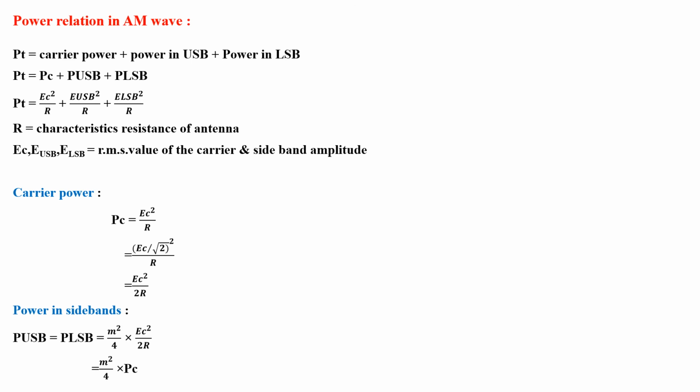Similarly, the power in the sidebands is calculated as M square by 4 into EC square by 2R. Now, EC square by 2R is PC, so the power in sidebands is equal to M square by 4 into PC. Thank you.